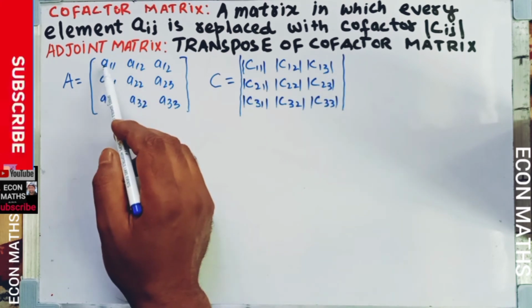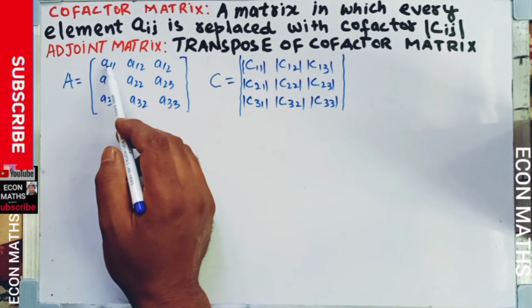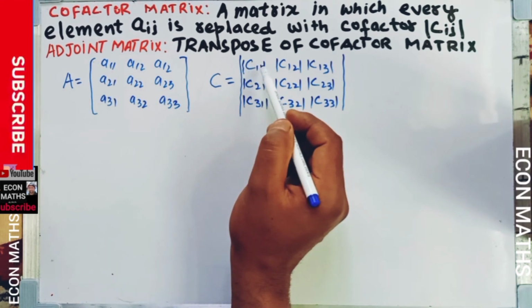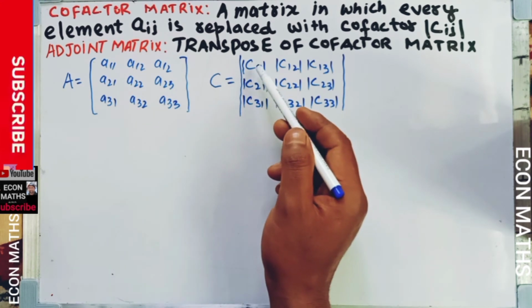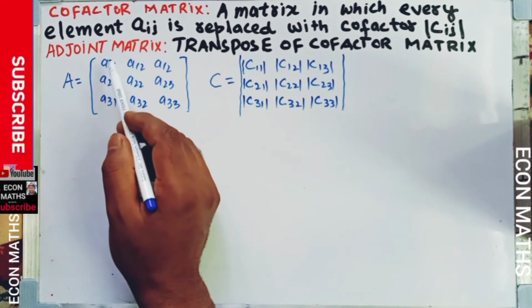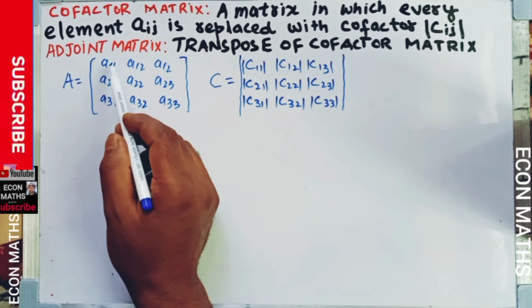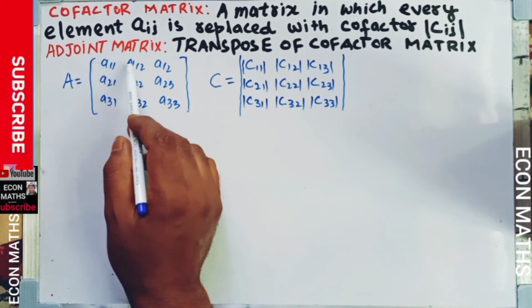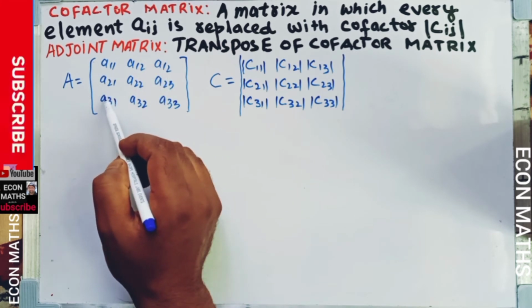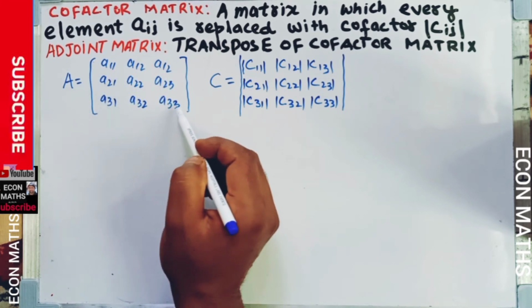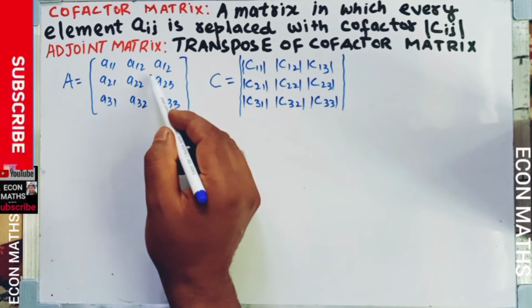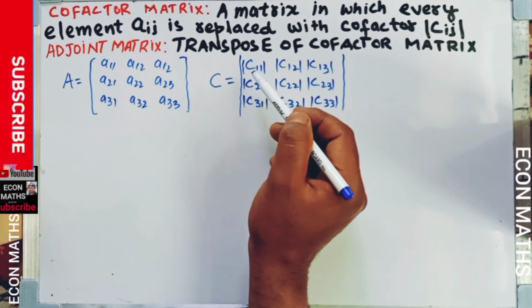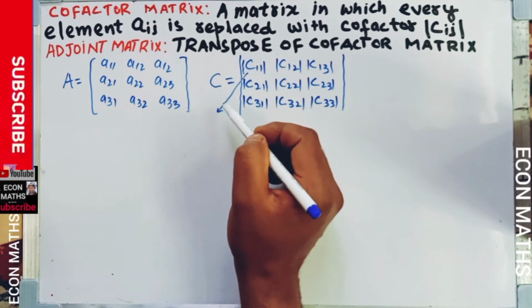That is, this A11 is replaced with its cofactor, that is C11. Now how is it formed? We see the position of A11, and we mentally delete the row and the column in which it appears, and we get these elements. Now the determinant of these elements is denoted by C11.